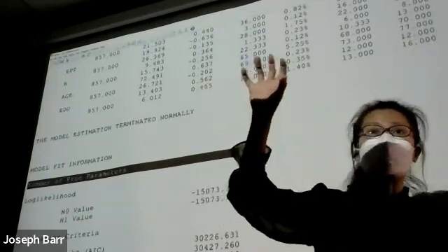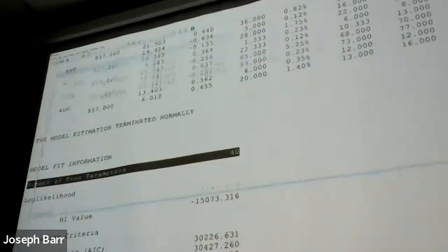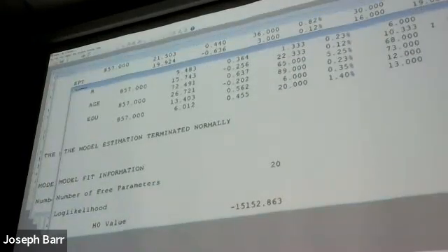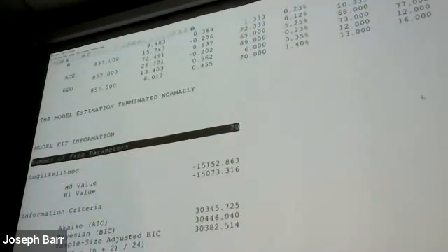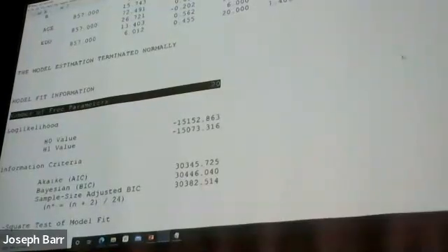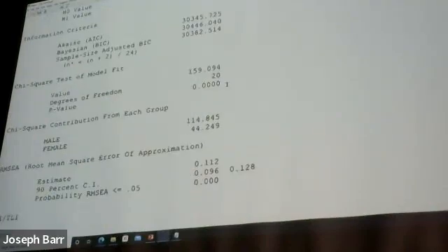We have two groups. We assume all the parameters are totally different. But now it's 20. Okay, number of free parameters is 20. Why? Because we assume that female and male share the same parameters, the same value. We don't double the number of parameters. So that's why it becomes smaller.